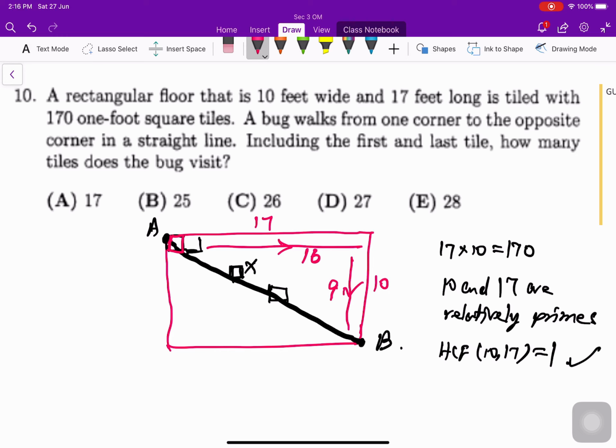Each time the bug crosses an edge, he enters a new tile. Therefore, in this case, because he must cross 16 edges horizontally, he will cut through 16 new tiles. And then he must also cut through 9 tiles downward. Each time he cuts through these edges, he must pass one edge of a small little square.